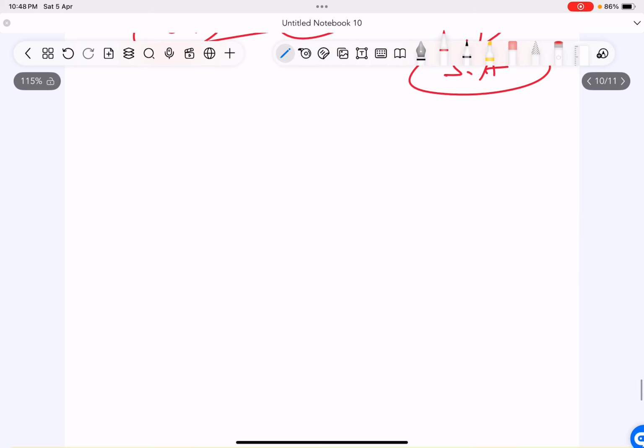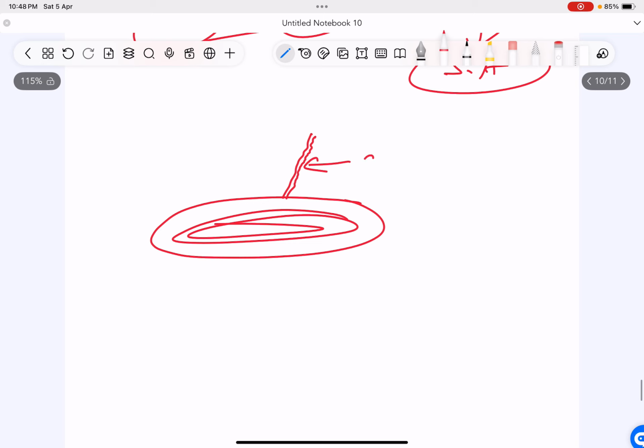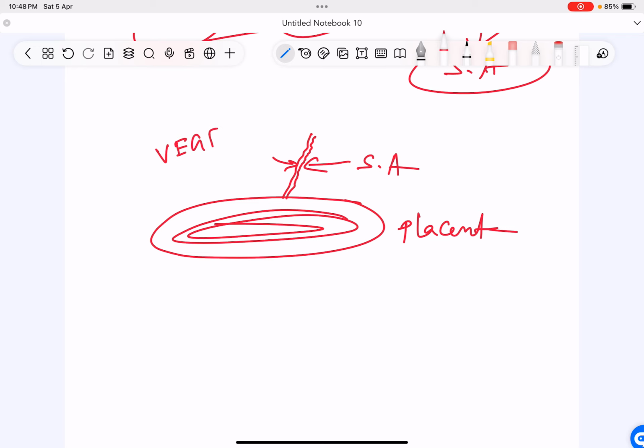Now see one very big problem. See, suppose this is a placenta, okay, and this is the spiral artery. बस एक diagram दे रहा हूँ मैं. Spiral artery actually just ये तो है नहीं, but suppose the placenta is getting supplied by this spiral artery. Now what are the factors which are supposed to make it low resistance high capacitance vessel? So these are basically your angiogenic factors like VEGF, okay, PIGF.